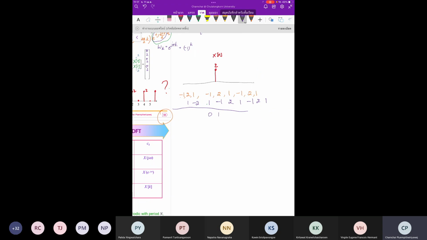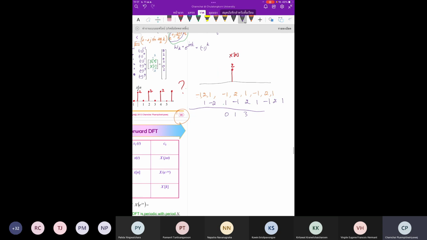It's going to be 0, 1, 3. Oh, how come it's not? It's not 0, 1, 3.